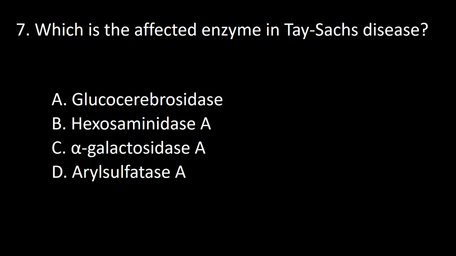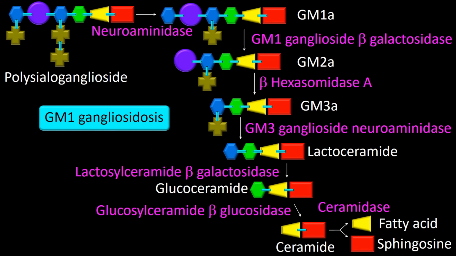Next question. Which is the affected enzyme in Tay-Sachs disease? A. Glucocerebrosidase. B. Hexosaminidase A. C. Alpha-galactosidase A. D. Arylsulfatase A. GM1 gangliosidosis is due to GM1 ganglioside beta-galactosidase deficiency.